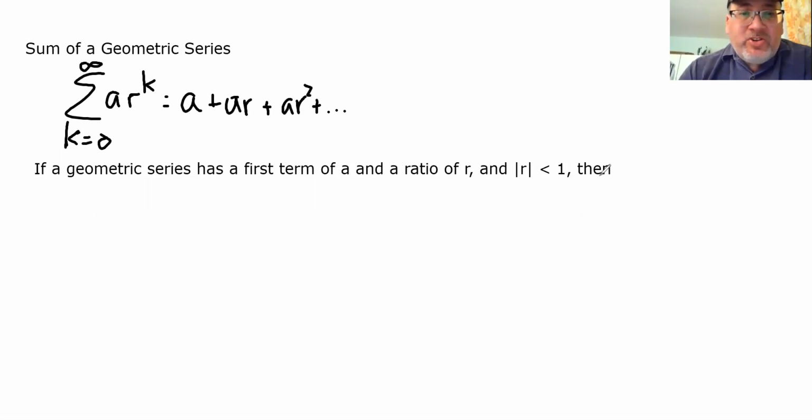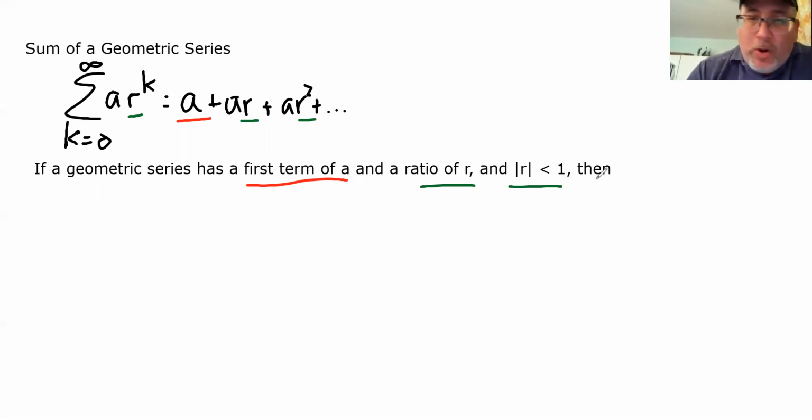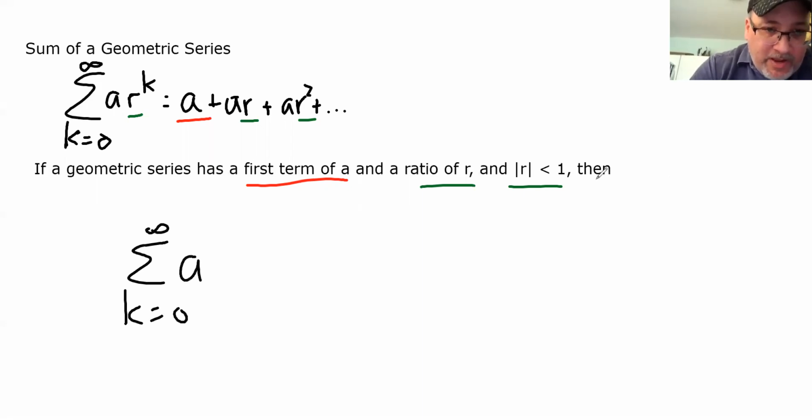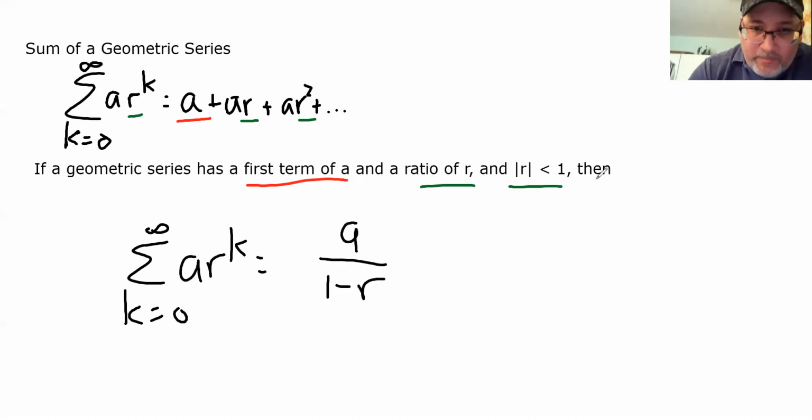If a geometric series has a first term of a, and a ratio of r, so r is what's getting multiplied to go from term to term, and that ratio's absolute value is less than 1, then here's what we know. Sum k equals 0 to infinity, a times r to the k is equal to a over 1 minus r.